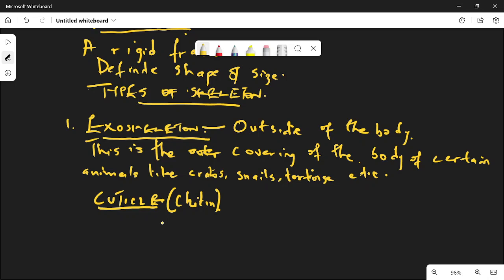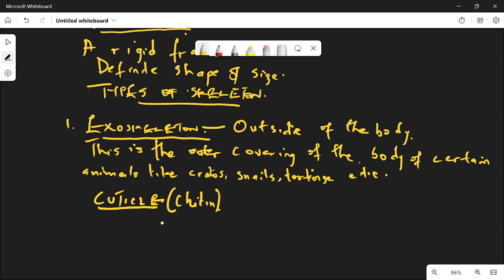When we get to explain the endoskeleton and talk about the components of this particular substance, you will understand that even the endoskeleton has these mineral salts in them, the phosphates and the carbonates of calcium.